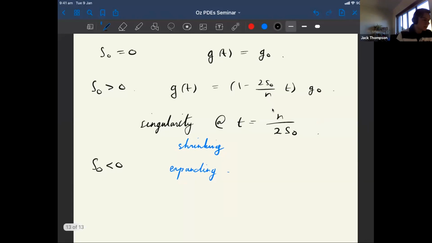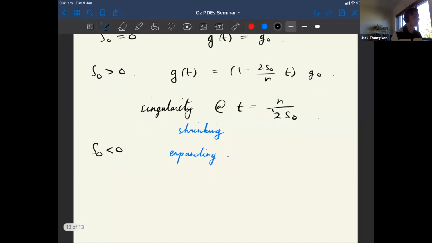Now, at this point, I'm going to take a little bit of a detour to talk about curvature in very low dimensions, so in 2 and 3 dimensions, because in these dimensions we're going to get a lot of simplifications in our Riemannian curvature.